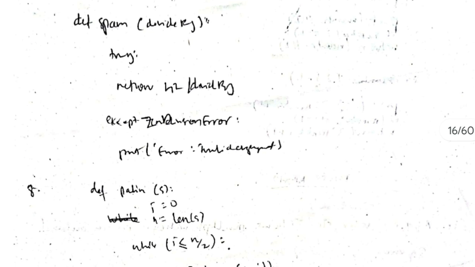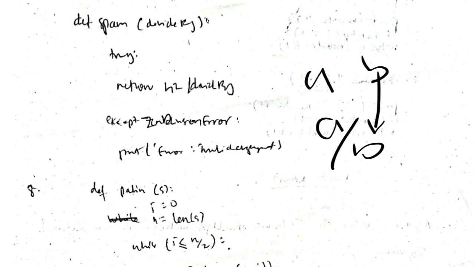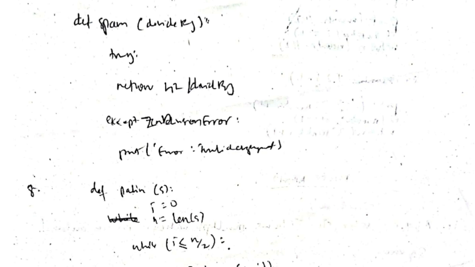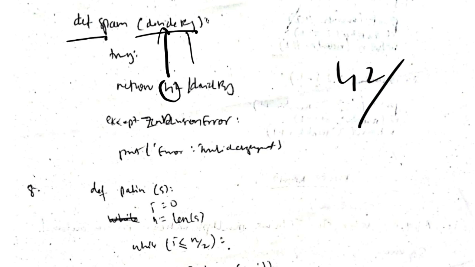So here the example which they have asked us to give is about divide by 0. Suppose that I have two numbers a and b, and I try to divide a by b. If b is 0, it should not execute, it should say it is an error. So how will I know if it's an error or not? Here's the function, divide by. The numerator I have is 42 and the denominator is getting passed.